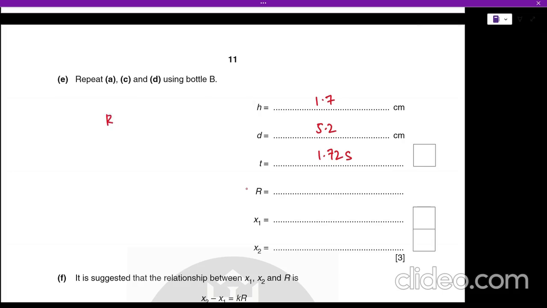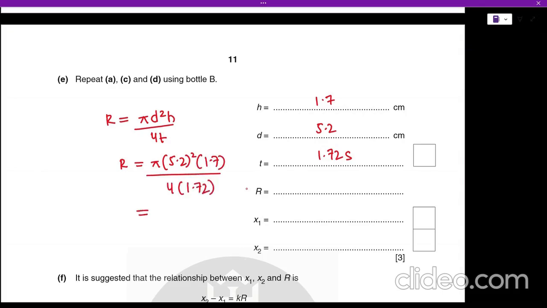Now let's calculate the r for this as well. So r was pi d square h over 4t. So r is going to be pi into 5.2 square into 1.7, and then divided by 4 into 1.72.